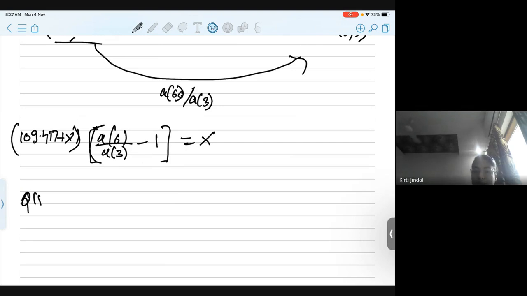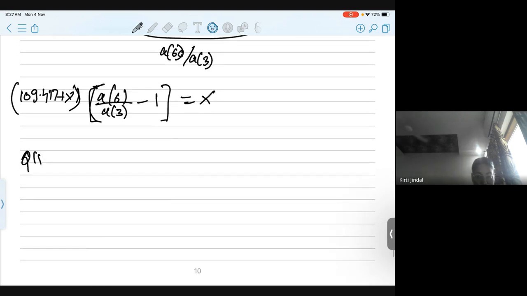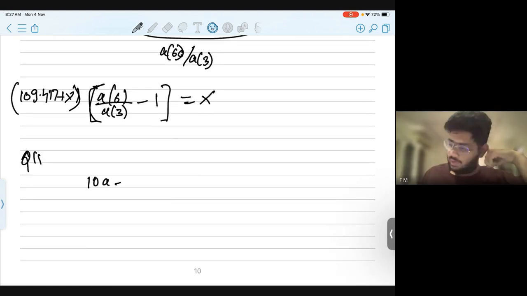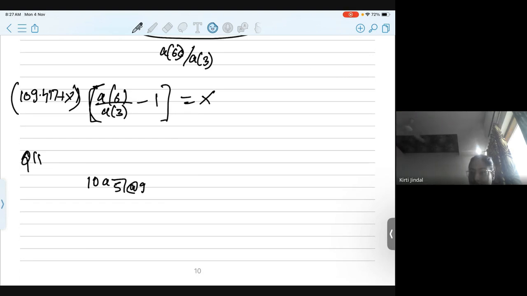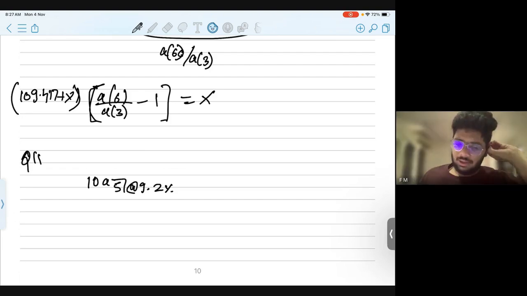ठीक है, तो first 5 years का 10a5 हो जाएगा. अगला, beginning in the year 6. Beginning in the year 6 means it's annuity due, no, the payment will be at the end. 6th ईयर की बात हो रही है. ठीक है.